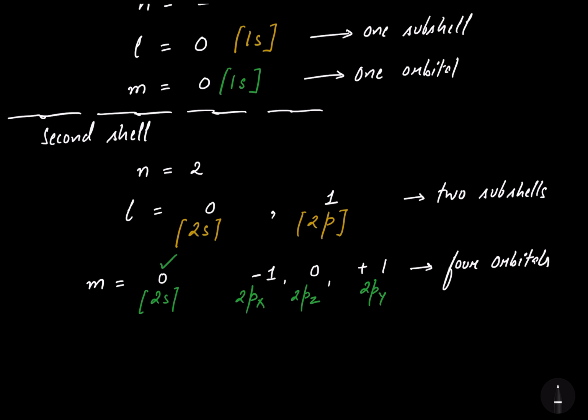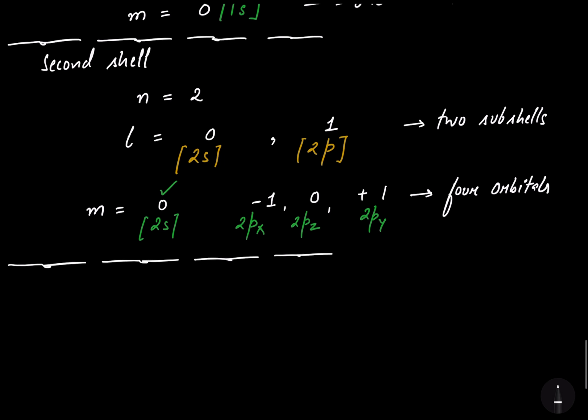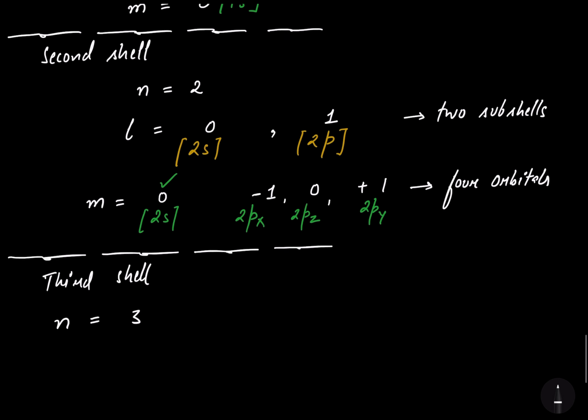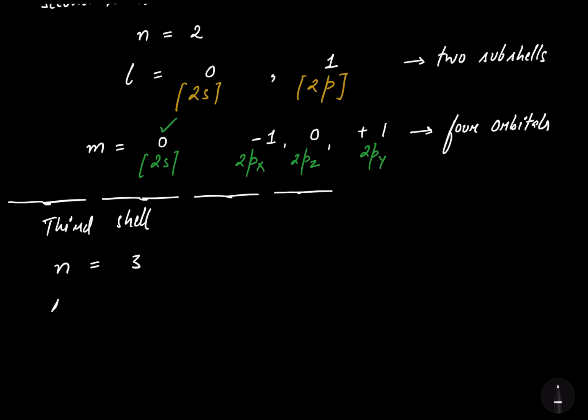Now let's talk about the third shell. Here n is equal to 3. So the value of l will be 0 to n minus 1. n minus 1 is 2. So the values are 0, 1 and 2.